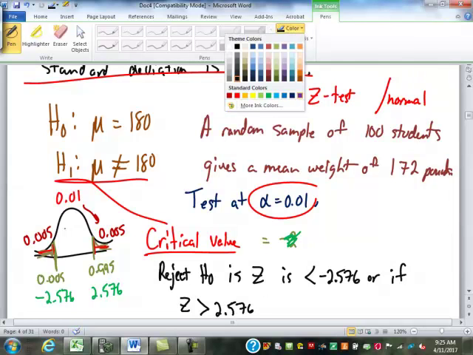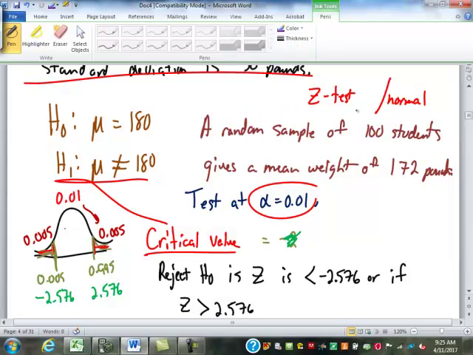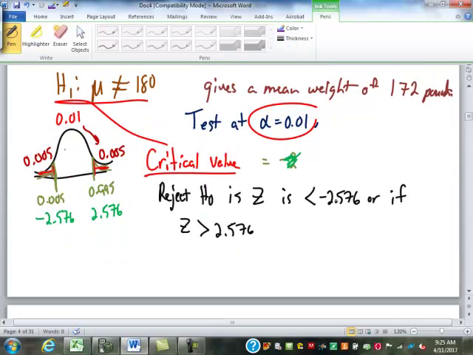So now we find our test statistic. It's going to be our sample mean of 172 minus the hypothesized value of 180 over the standard deviation of 30 divided by the square root of 100. So again, let's just punch that in the calculator and see what we pop out.